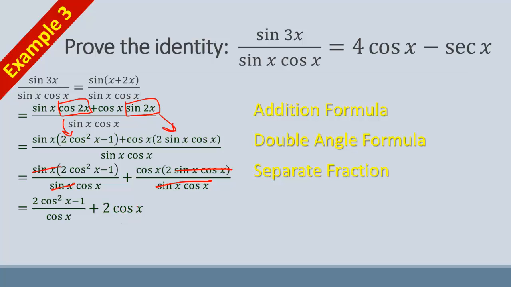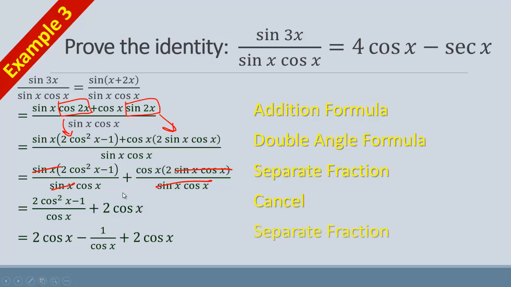So all we have is cosine of x times 2. So I have 2 cosine of x, and then over here I've got 2 cosine squared of x minus 1 over cosine of x. And we got that by canceling. Now, this next part, I'm going to expand or separate the fraction. So I separated this fraction into 2 cosine squared x over cosine of x, minus 1 over cosine of x.